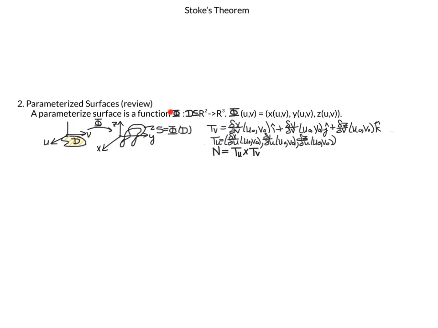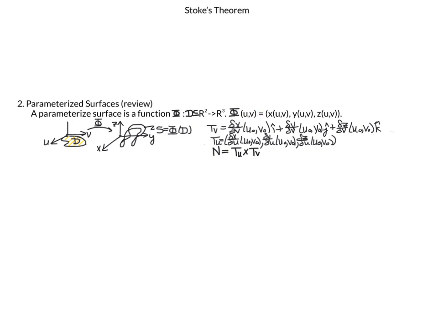So the idea is we have this mapping phi, which goes from D, a domain that's in R2, so a subset of the UV plane, 2-dimensional, and then we map it to something in 3 dimensions. So phi takes 2 coordinates, u and v, and then it gets mapped to an x, y, and z coordinate in 3 space.